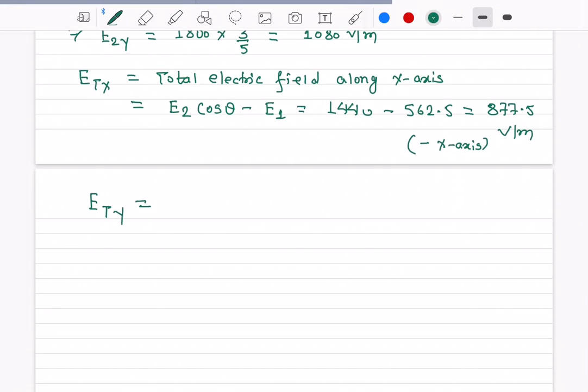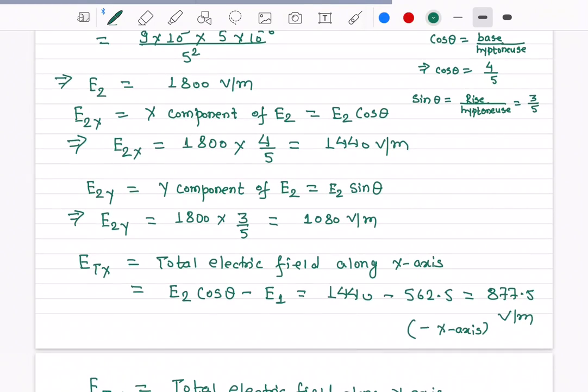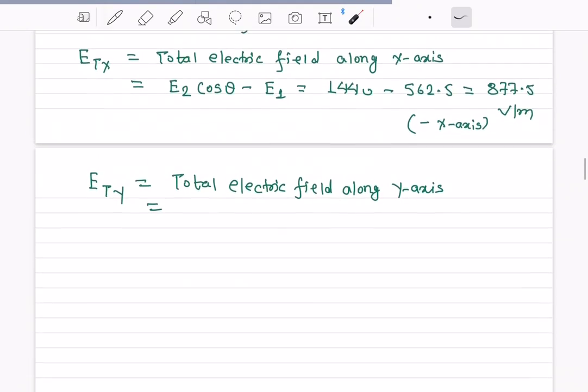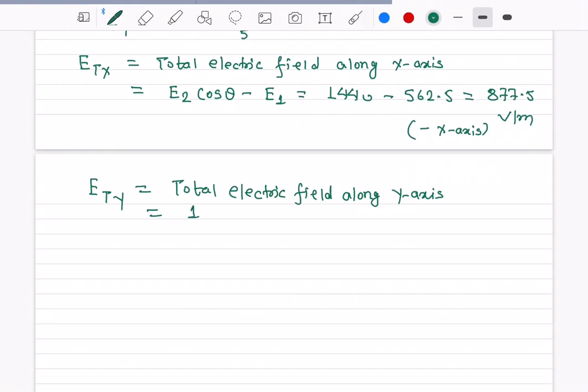Okay. So now let's find out ETY, the total electric field along y-axis. It has only one component. We already found it, which is this value.